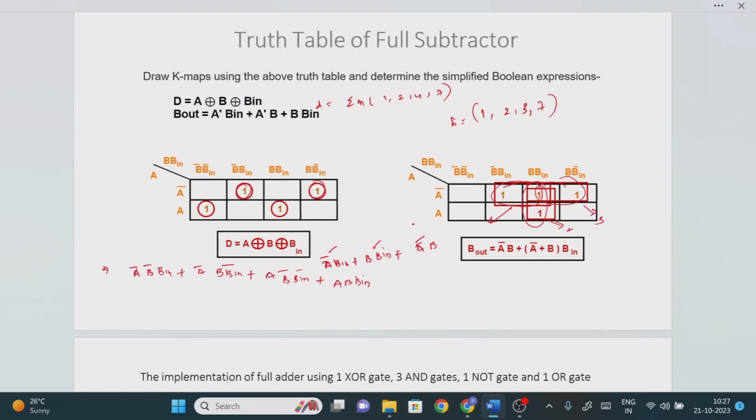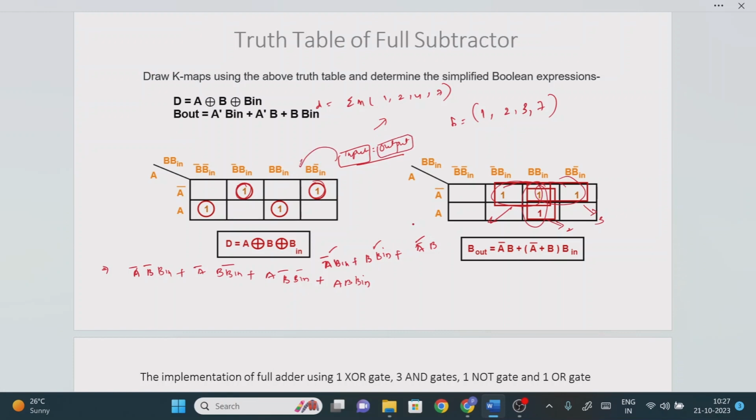But if you see here in the case of the difference, only one group is done. If only one group is done, then we are writing the input function equal to the output function. Remember guys, if you are not grouping more than one 1, it means we are not performing any minimization operation. Whatever input equation we have considered, the same thing we write as the output.